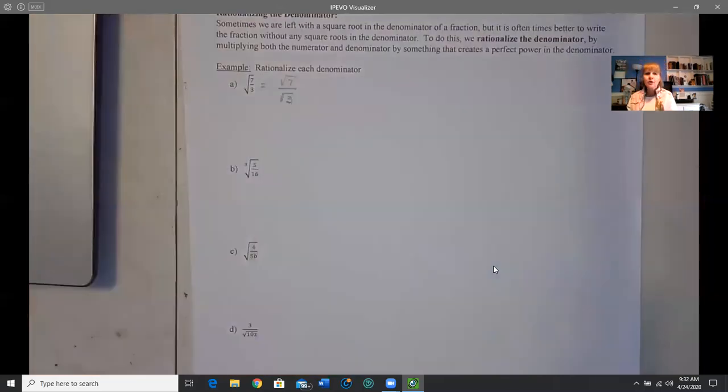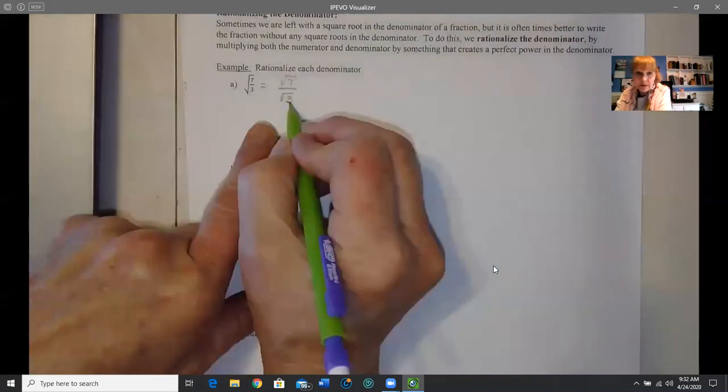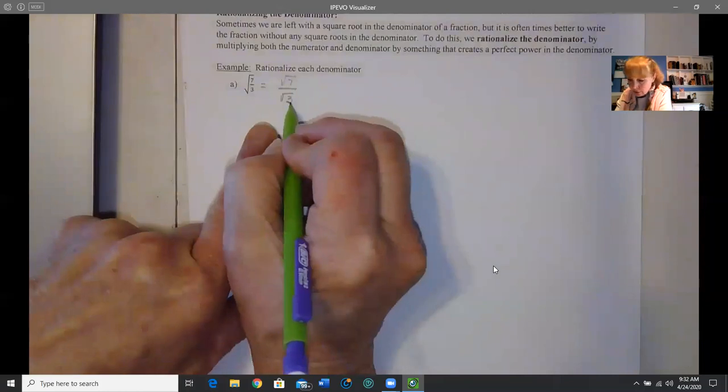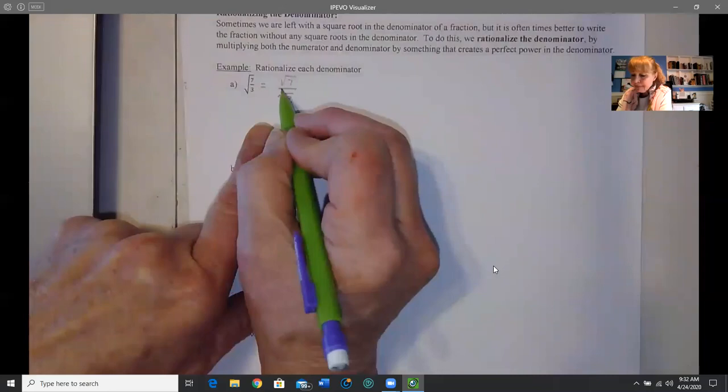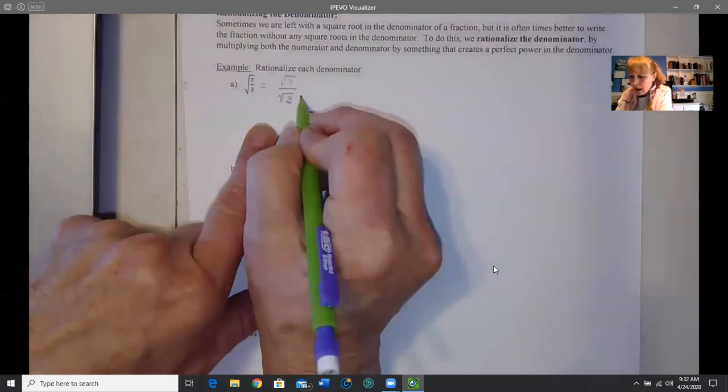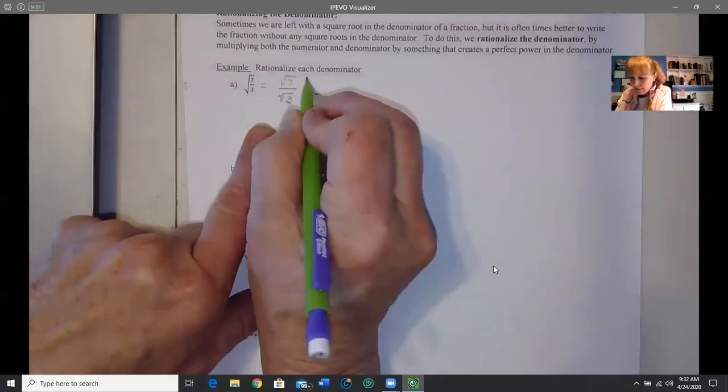There's not 2 of anything, so we're going to leave those. I need 2 of the 3s. Why do I know I need 2? Because that's the index that we're dealing with. It's a 2.